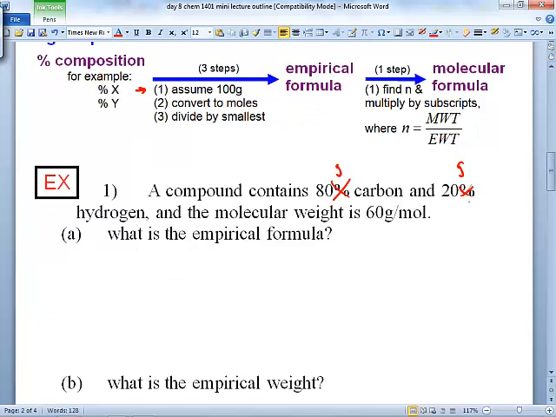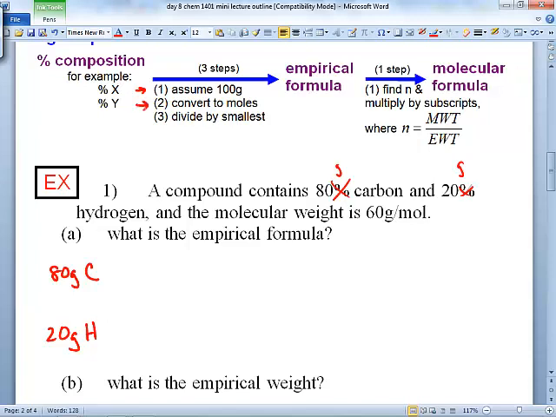That's why you assume 100 grams. Does it matter how much of the stuff you have? Would you always have the same chemical formula? If you have a drop of water or a gallon of water, is it still H2O? Yeah. So let's assume an amount that's really easy to use. 100 is the easiest. So if you assume 100 grams, you're going to have 80 grams of carbon, and you're going to have 20 grams of hydrogen. Now I'm writing them way on the side and spaced out because I know that I have to do step 2.